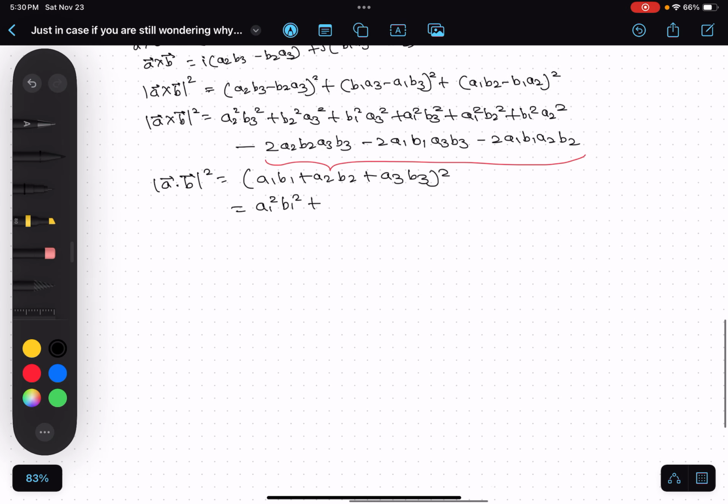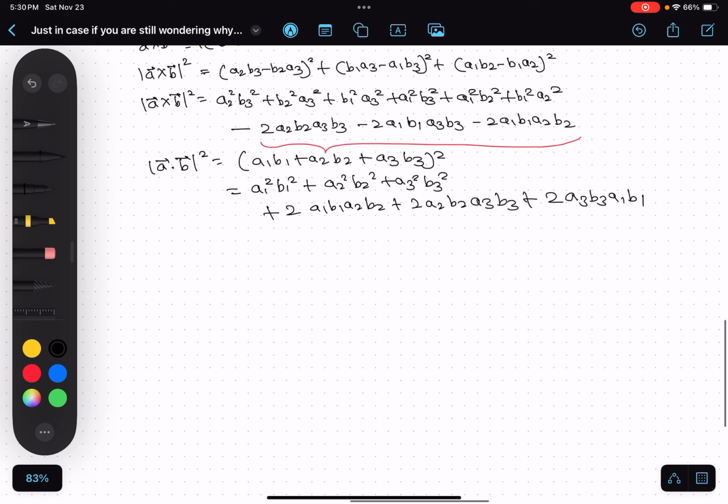So this will be a1 squared b1 squared plus a2 squared b2 squared plus a3 squared b3 squared plus 2 a1 b1 a2 b2 plus 2 a2 b2 a3 b3 plus 2 a3 b3 a1 b1, right?